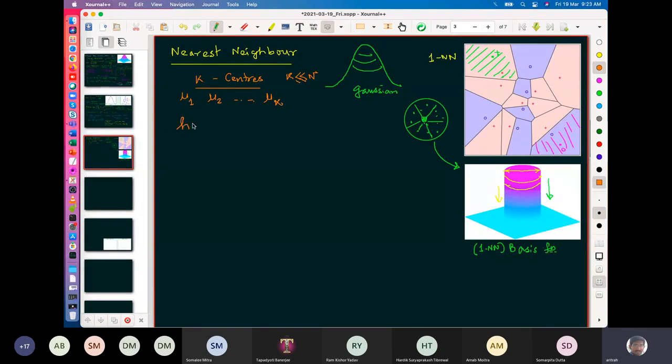So the hypothesis function, if I go for radial basis with a Gaussian, is basically that you are trying to choose RBFs with k centers. You are trying to find k weights such that this becomes your Gaussian function.